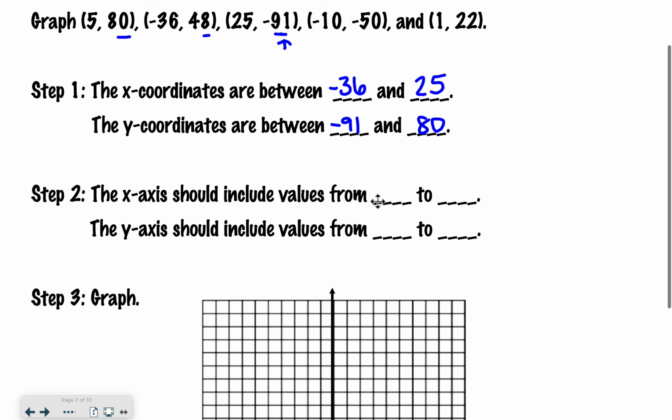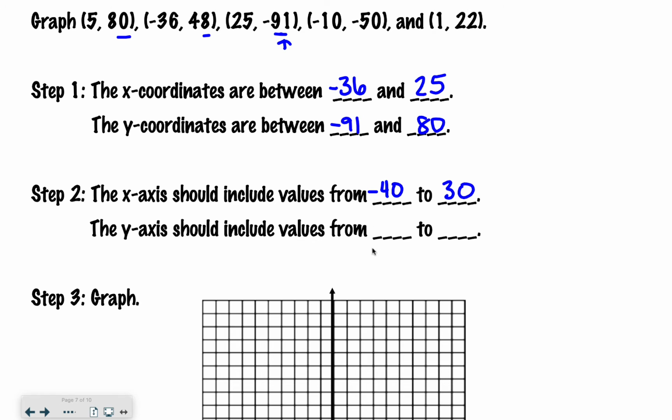So the x-axis should include values from, let's see, I'm going to go a little lower. I'm going to say negative 40 up to 30 for my x values. Negative 40 to 30, that's nicer than matching 36 and 25, right?